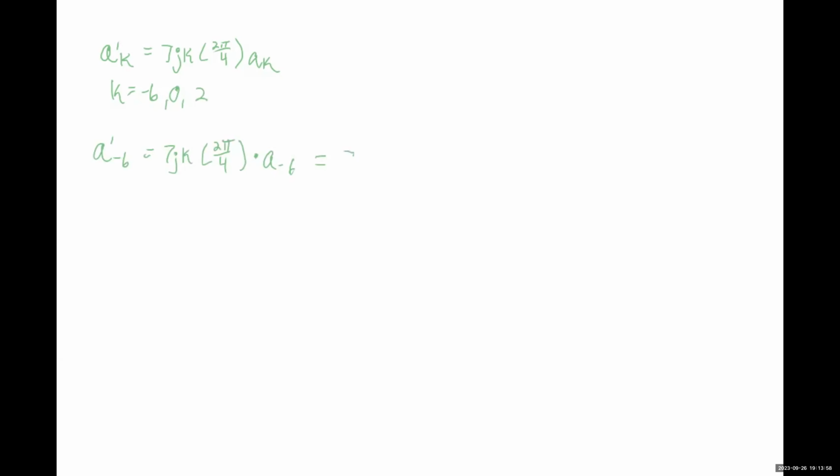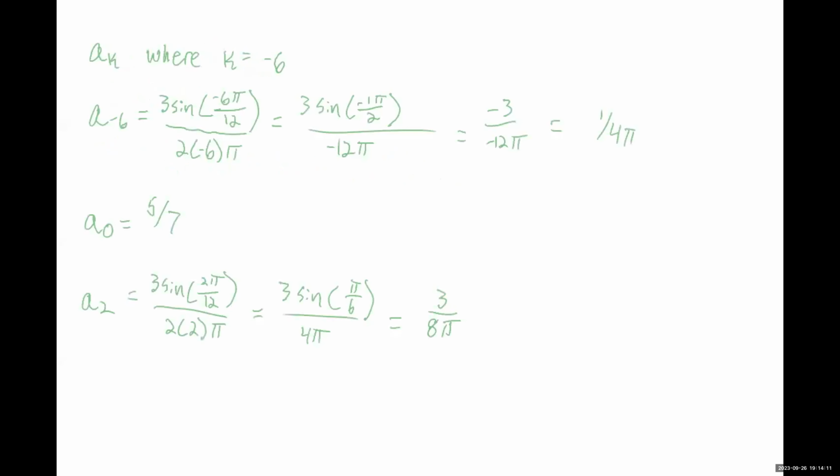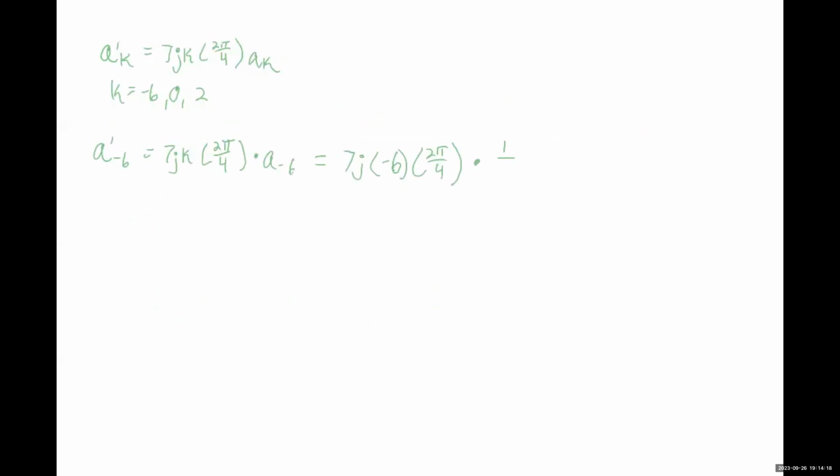We're going to get 7j times -6 times 2 pi over 4 times, and then we have solved a of -6 before. So we know it's going to be 1 over 4 pi. So we can go ahead and plug that back in again. That's 1 over 4 pi.